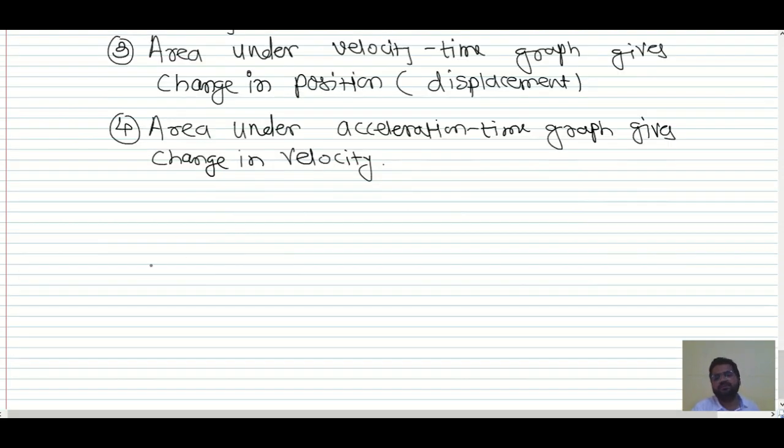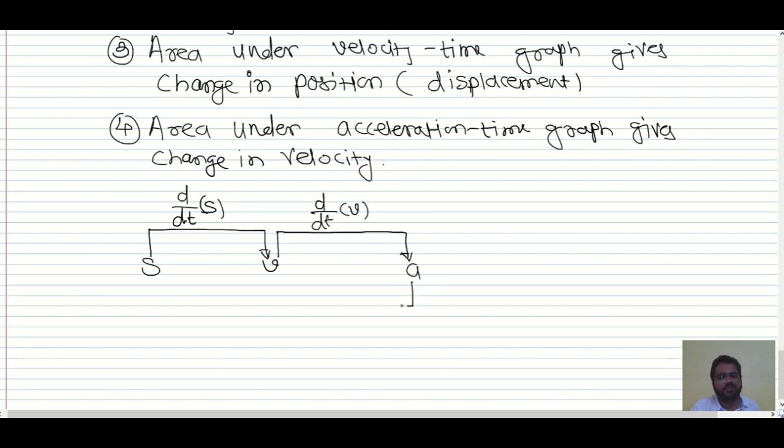So see here, if you have displacement, velocity, acceleration, if you differentiate, that indicates slope, right? If you differentiate displacement with respect to time, you will get velocity. If you differentiate velocity with respect to time, we'll get acceleration. If you integrate the acceleration with time, you will get the change in velocity.